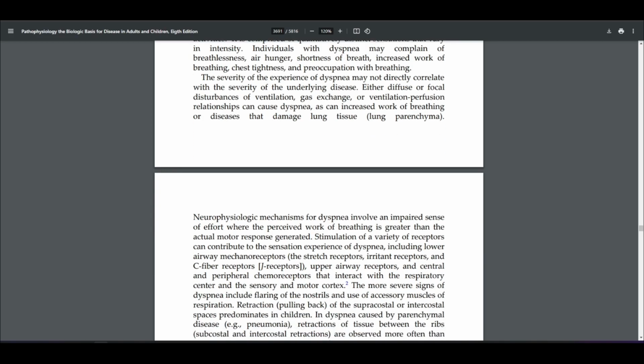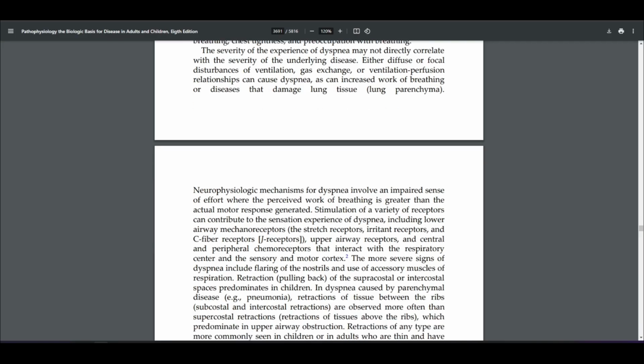The severity of the experience of dyspnea may not directly correlate with the severity of the underlying disease. Either diffuse or focal disturbances of ventilation, gas exchange, or ventilation-perfusion relationships can cause dyspnea, as can increased work of breathing or disease that damages lung tissue in the lung parenchyma.